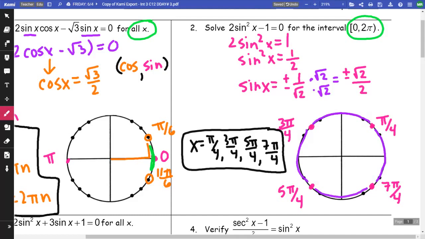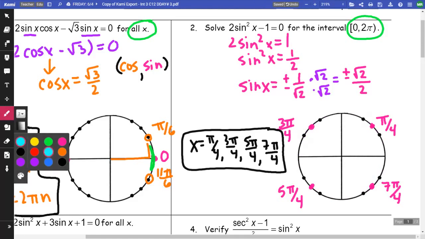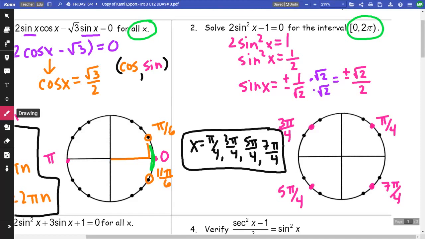So if I was doing a for all, which I'm not, but if I was, since every single thing is 2 pi fourths or pi halves away, I could have done pi fourths, and then again, I'm adding 2 pi fourths, which is just pi halves n. And that would have taken me around and around and around the circle. That's if they had said for all.